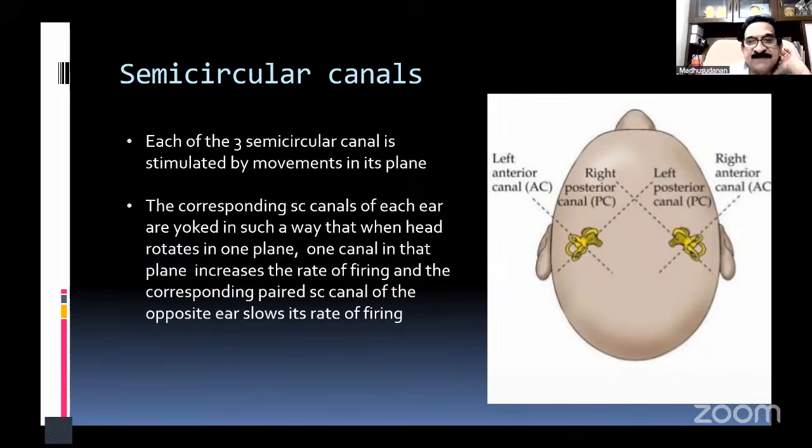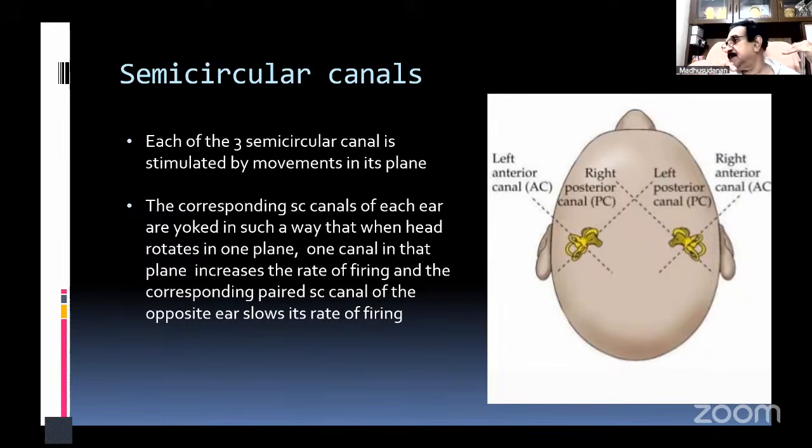The corresponding semicircular canals of each ear are yoked in such a way that when the head rotates in one plane, one canal in that plane increases its firing rate, and the paired canal on the opposite side slows its firing rate. For example, my right and left horizontal canals are paired.